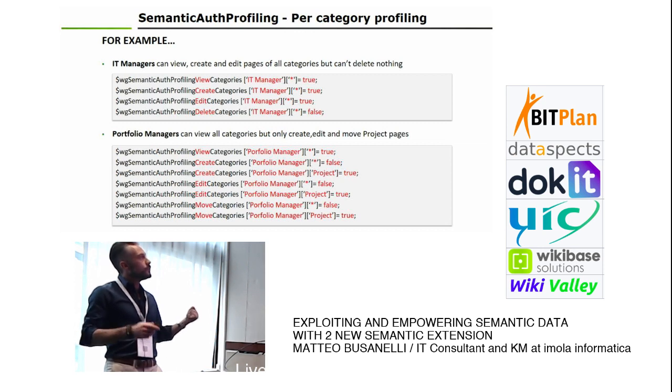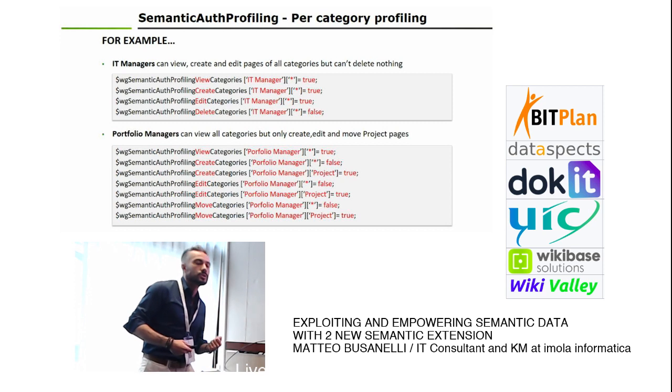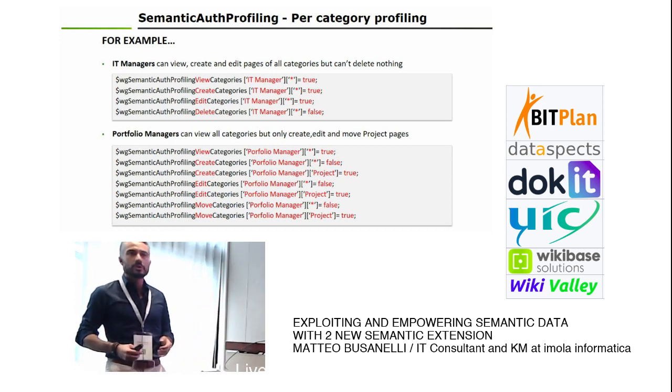You can say view for all categories true, and create for all categories false. So we close all on every category, but open only the create permission for the project. Okay, this is really useful for us because in two steps you can block or open only the categories that we want.